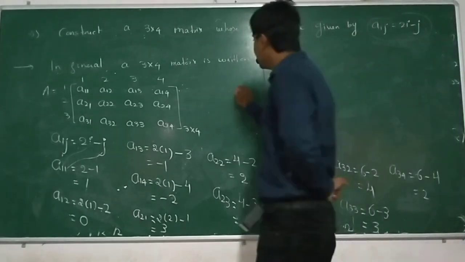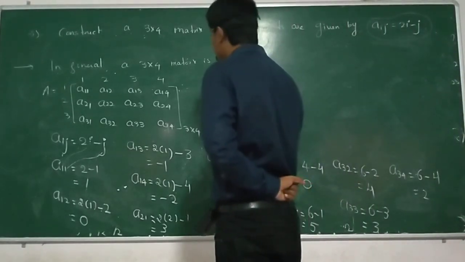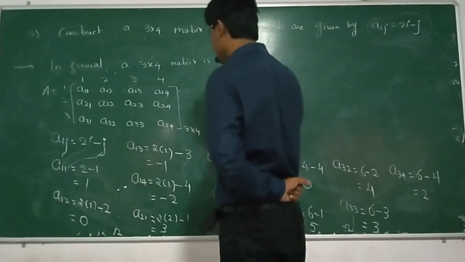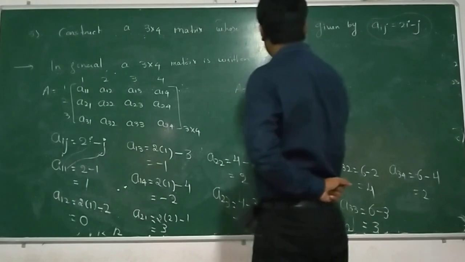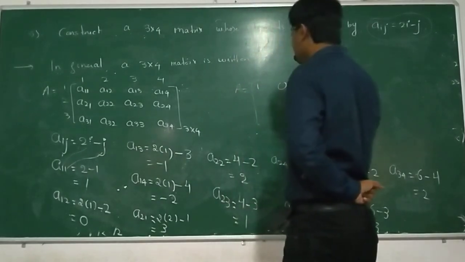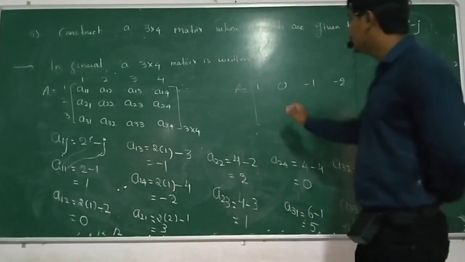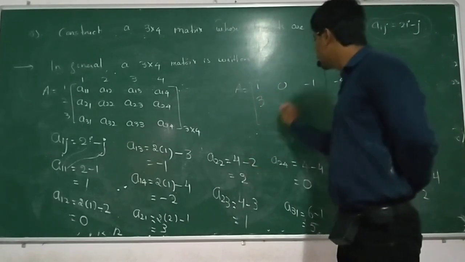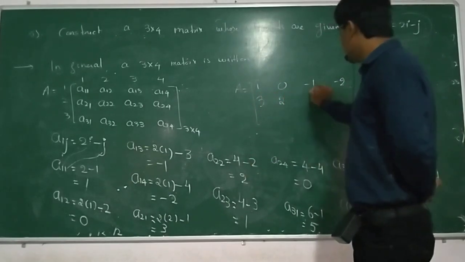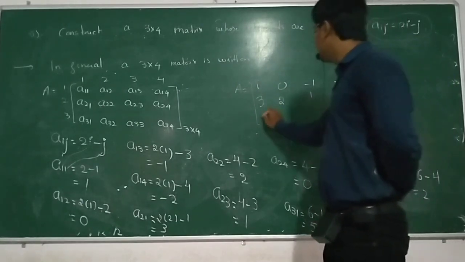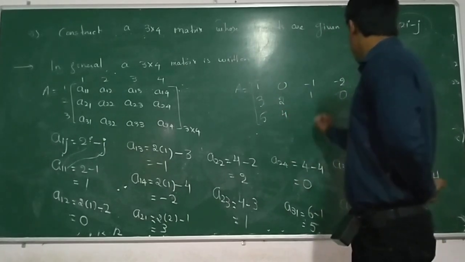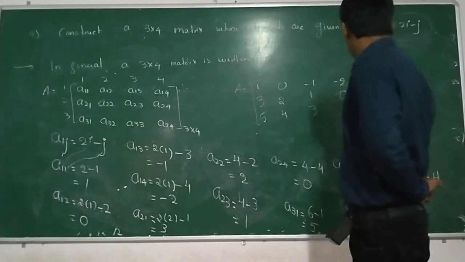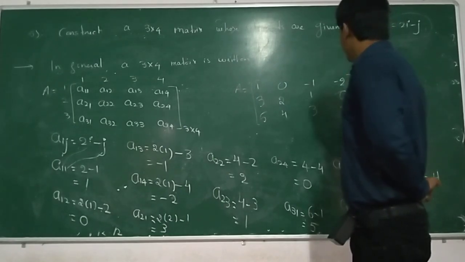Now we will complete the matrix A. So A11 is 1, A12 is 0, A13 is minus 1, A14 is minus 2, A21 is 3, A22 is 2, A23 is 1, A24 is 0, A31 is 5, A32 is 4, A33 is 3, A34 is 2.